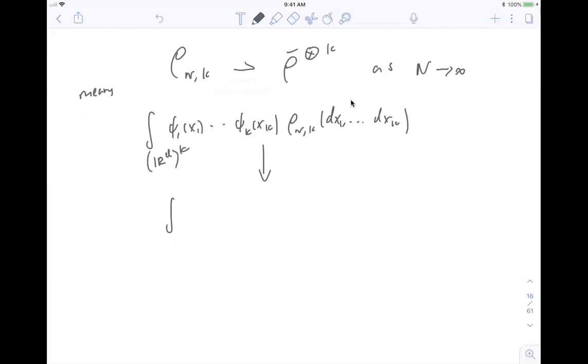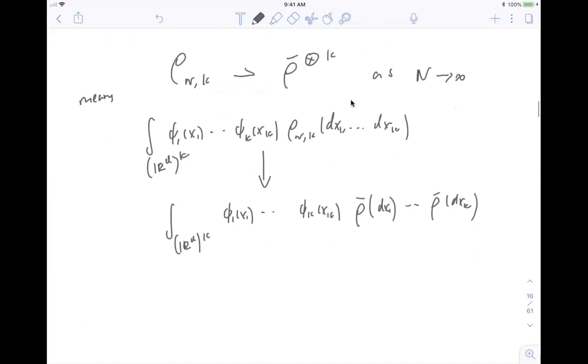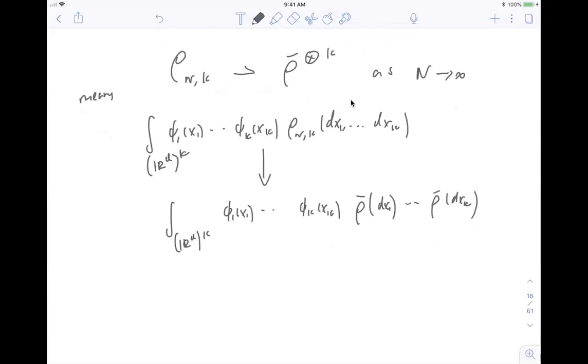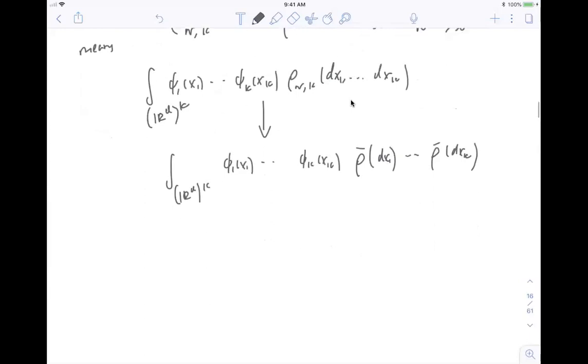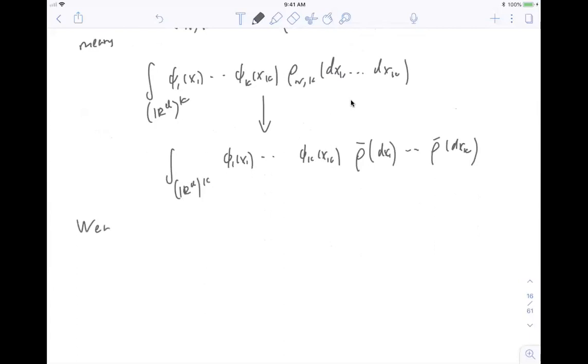This will converge to the integral of phi 1 x1 up to phi k xk against rho bar dx1 up to rho bar dxk. So this is weak convergence, and weak convergence is definitely weaker than strong convergence.